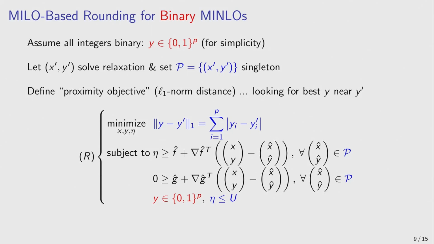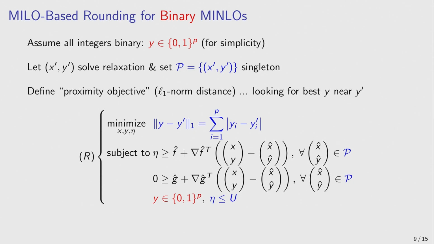But I think you can also generalize this to general integer variables. There's really no loss of generality here. But just to make it easier, we assume that we can solve a relaxation. So we solve the continuous relaxation, maybe locally, if it's a global optimization problem with non-convex constraints and a non-convex objective. We have a solution to the relaxation.